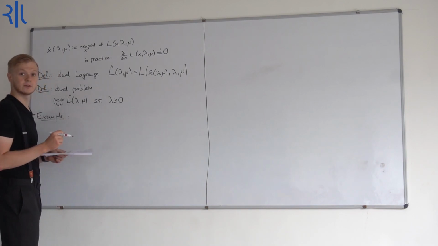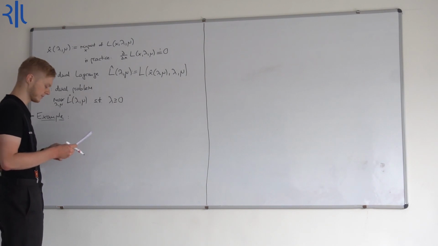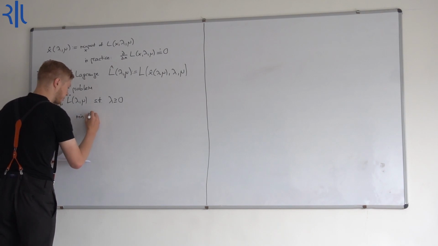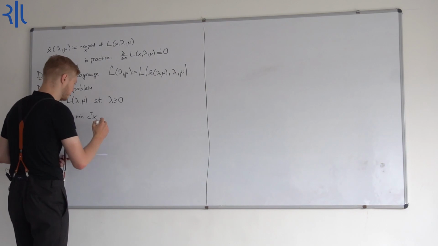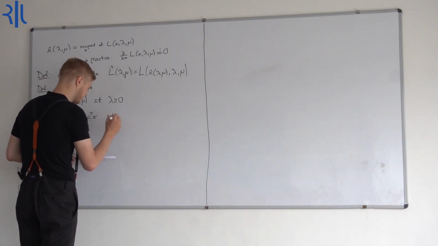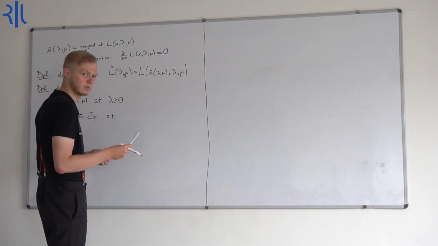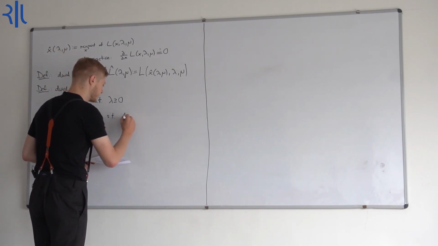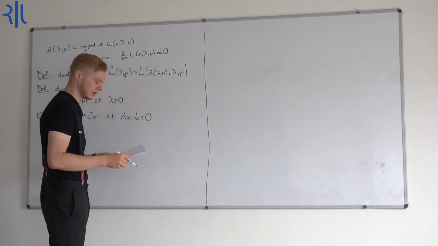So let's derive the dual problem as an example for a linear program. Our primal problem is minimizing c transpose x, subject to, and now we make a little change so that we can get it in the form that we assumed for the primal problem, subject to Ax minus b must be smaller or equal than 0.